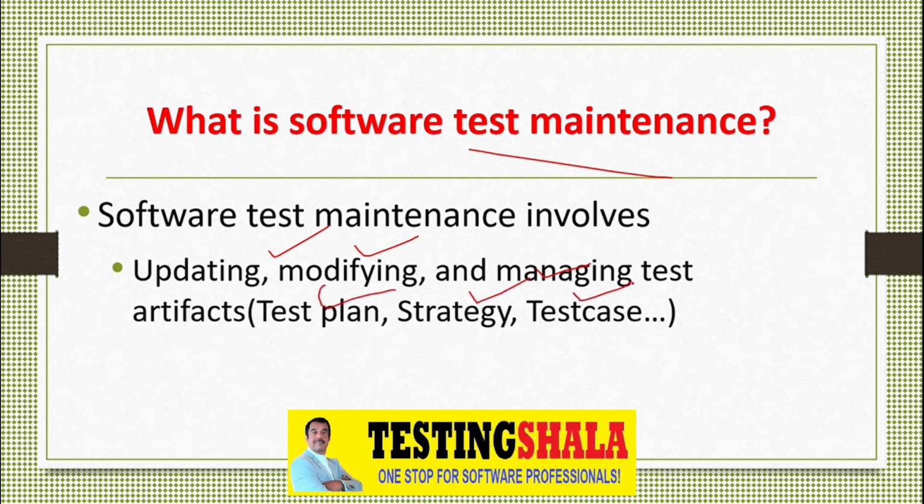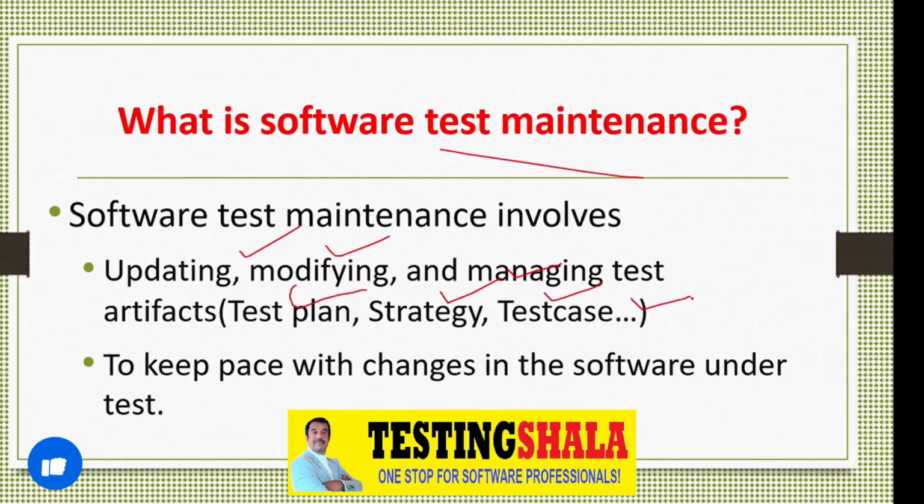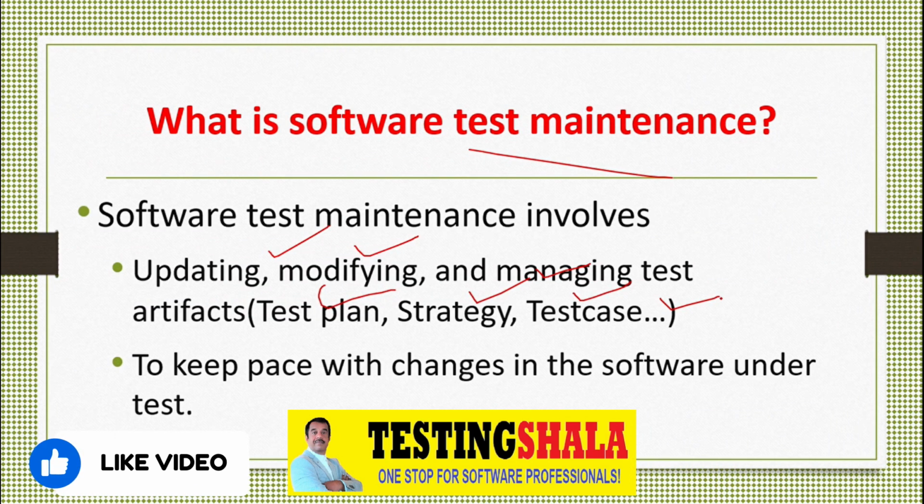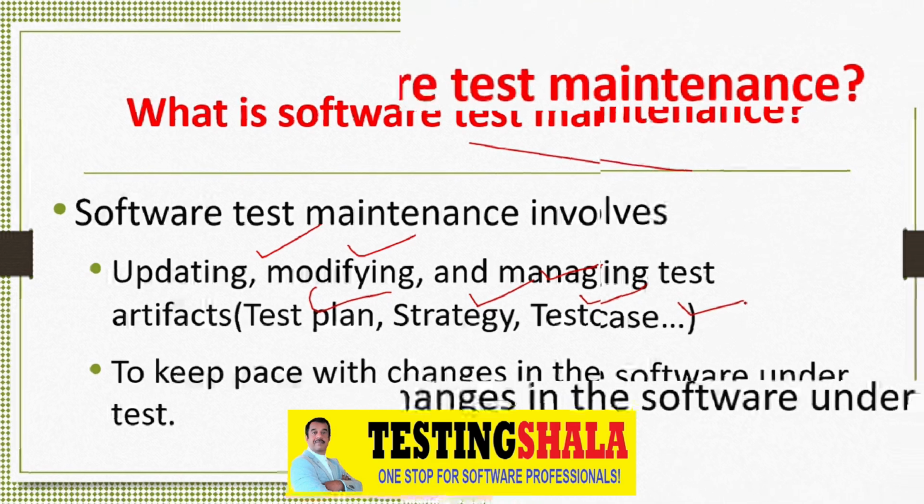Any test artifacts that require maintenance are part of software test maintenance. We have to keep updating these artifacts as the software changes. When a requirement or the software changes, all these test artifacts will need to change as well. That is where software test maintenance comes into the picture.